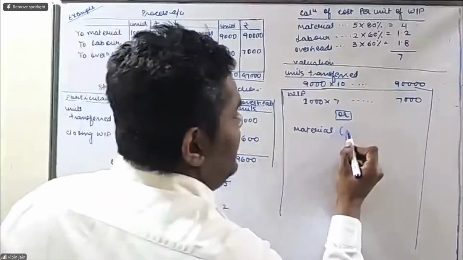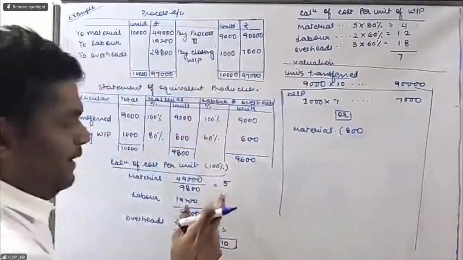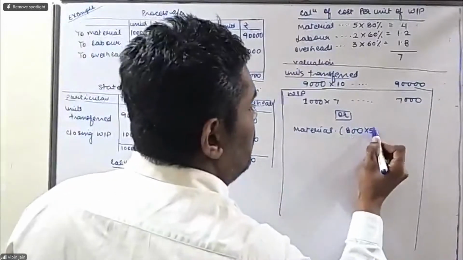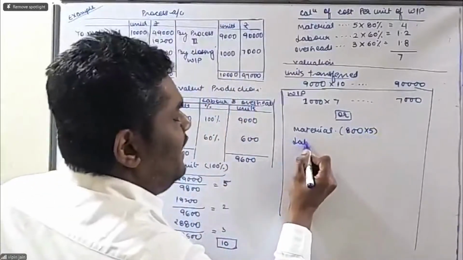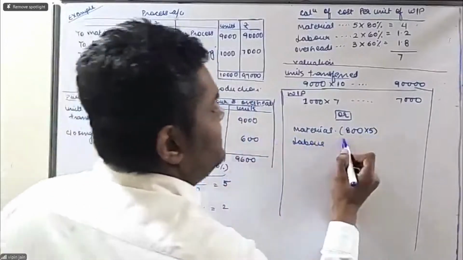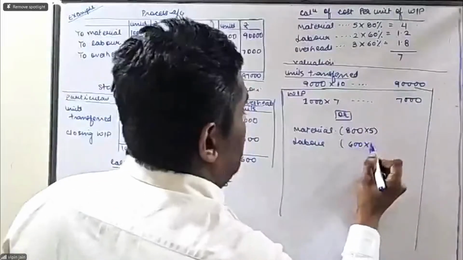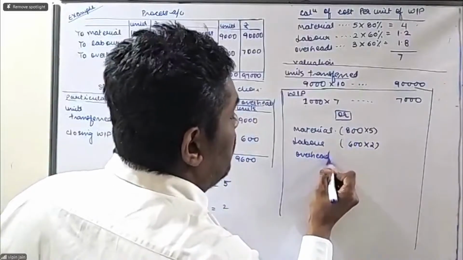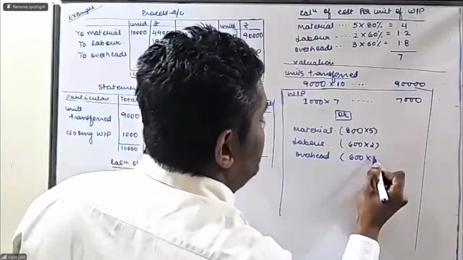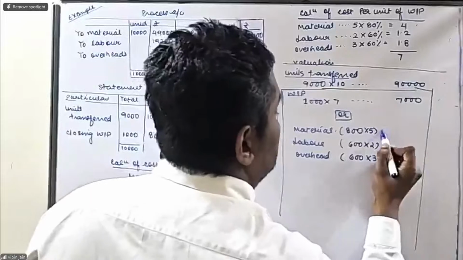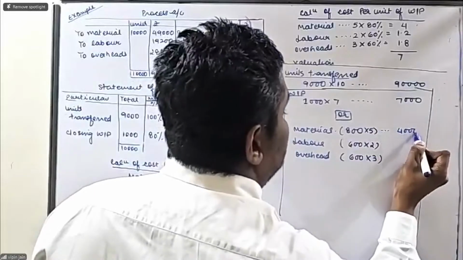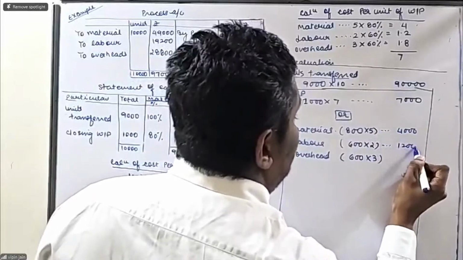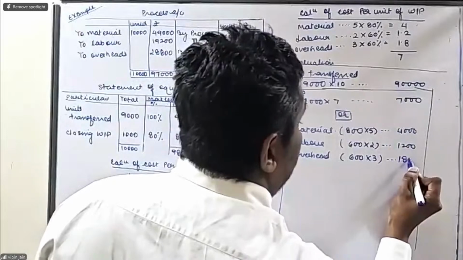So for material, it will be 800 into 5. For labor, it will be 600 into 2. And for overheads, it will be 600 into 3. This will be 4000. This will be 1200. This will be 1800.